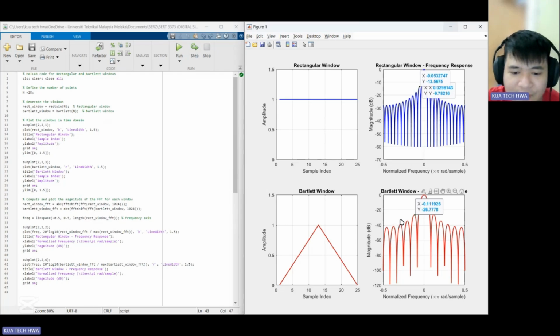So a high side lobe is less effective for isolating signals. A low side lobe can minimize the unwanted interference from outside signals from the main beam.